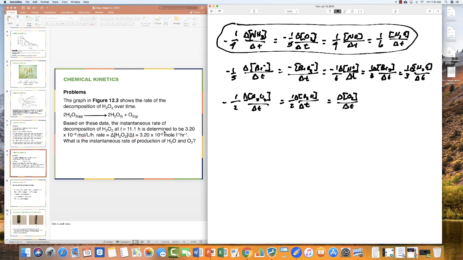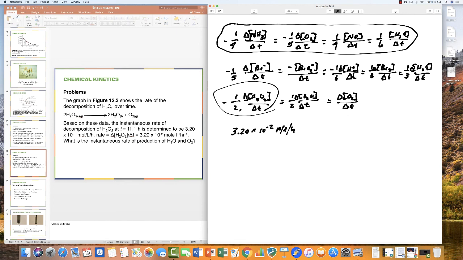So now what they tell you here is that the instantaneous peroxide rate at this time is 3.20 times 10 to the minus 2 moles per liter per hour. And that's for this species right here. So it's asking, at the same time point, what would be water and what would be oxygen?